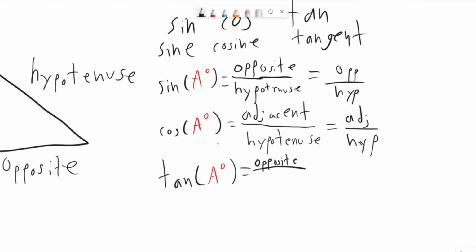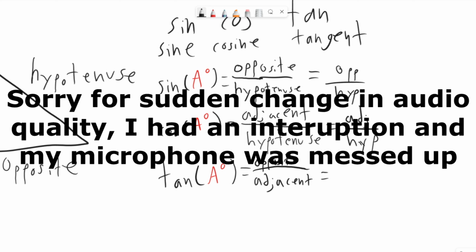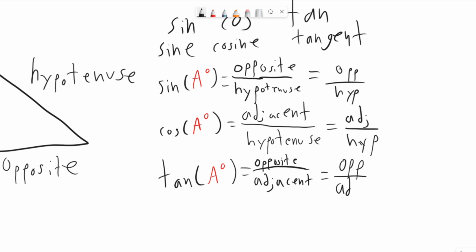Unlike sine, it's going to be divided by the adjacent. Now, if you were to abbreviate this, this would be OPP over ADG, or OPP/ADG.